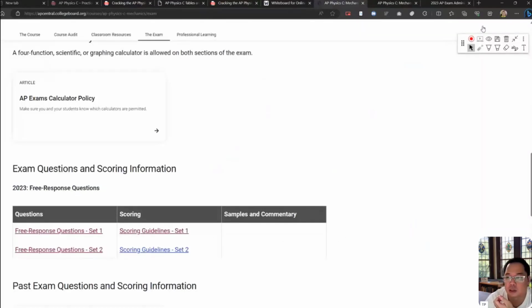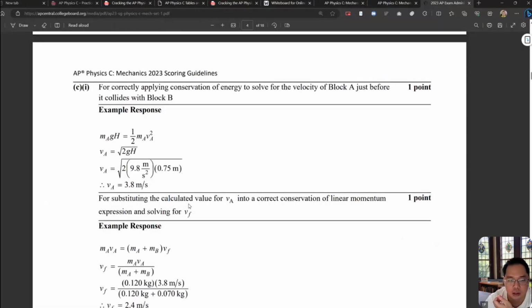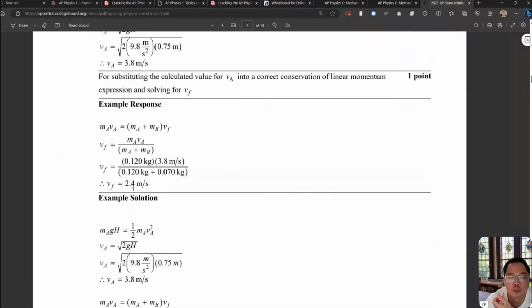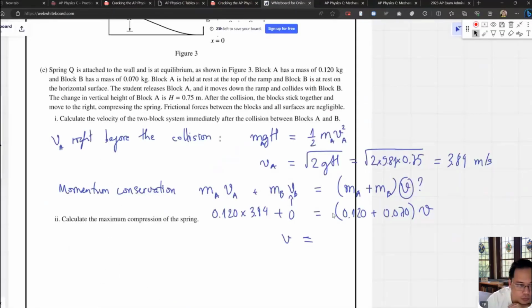The answer is 2.4. Yes. It must be smaller than 3.8 meter per second because now the mass is greater, they combine.